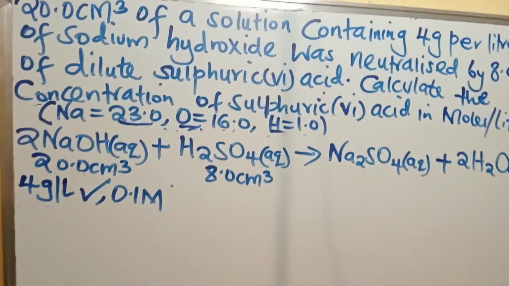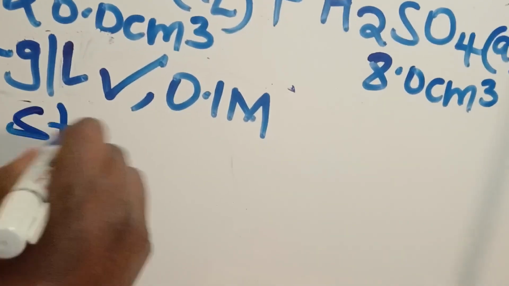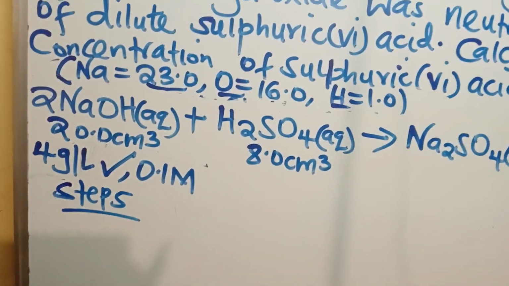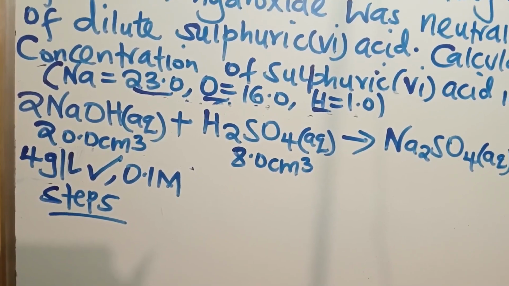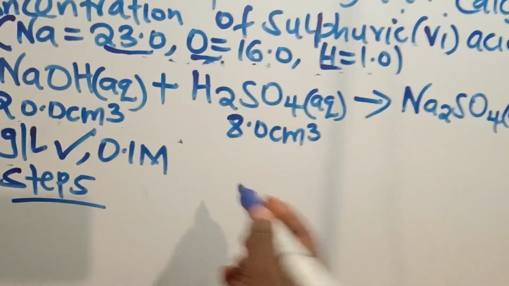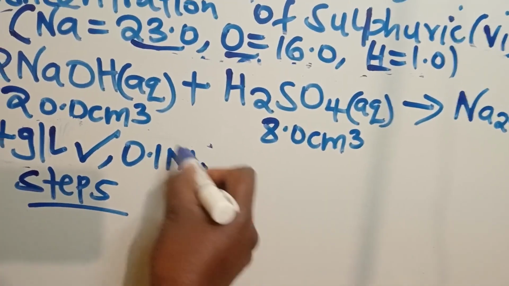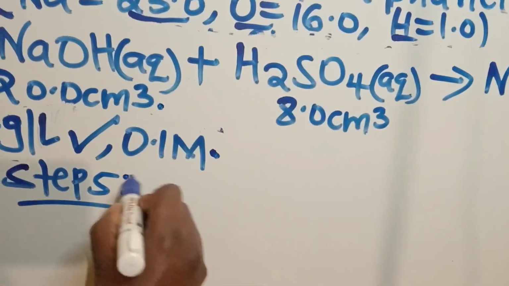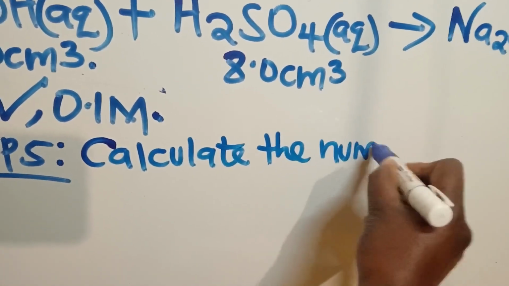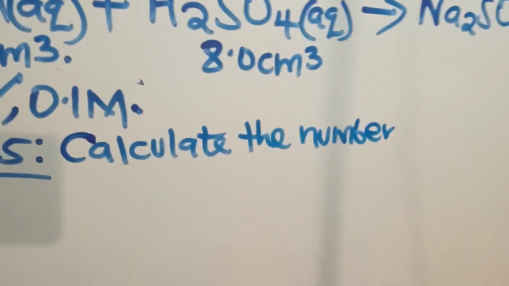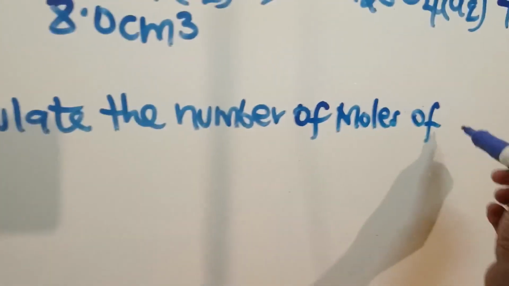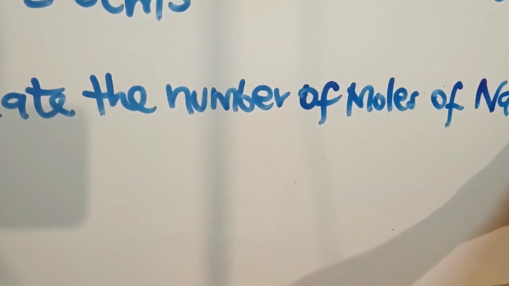Step 5. We now go to the calculation of the number of moles of sodium hydroxide. And to calculate the number of moles, we will use these two values, this one and this one. So calculate the number of moles of sodium hydroxide.